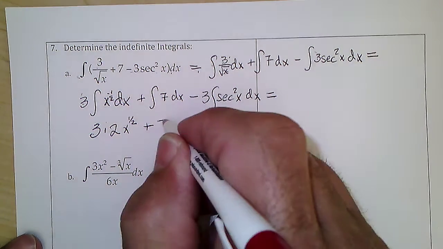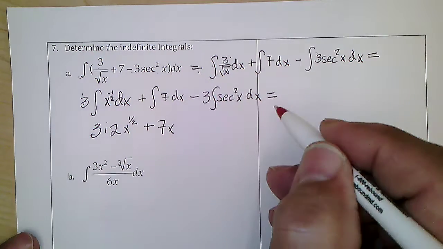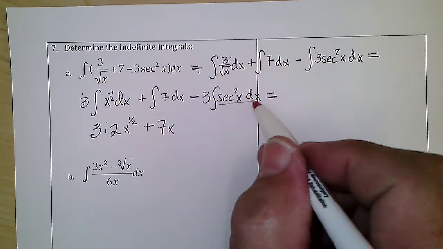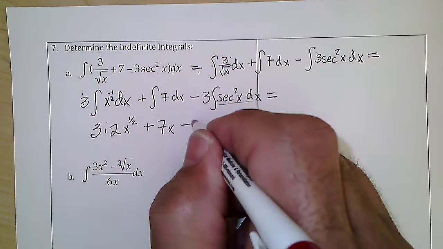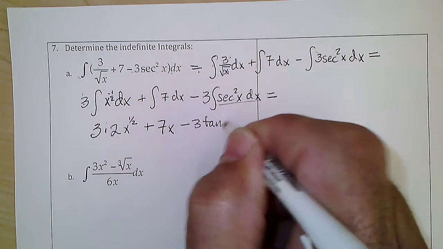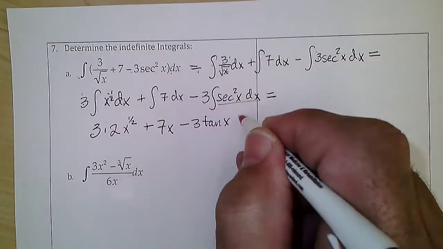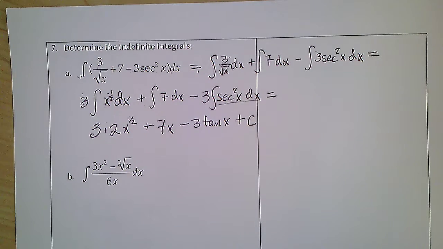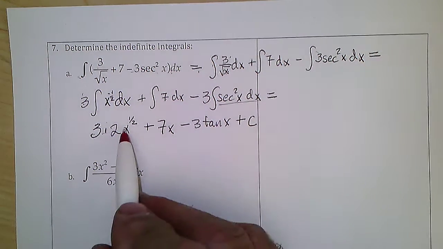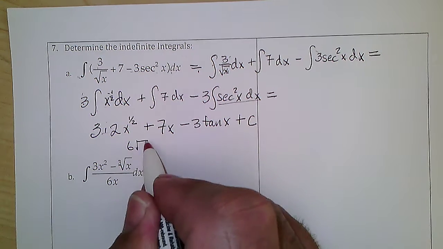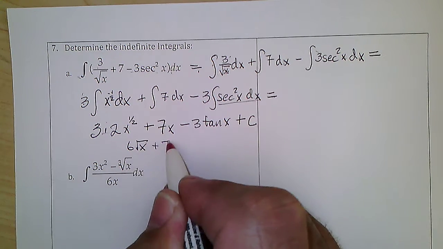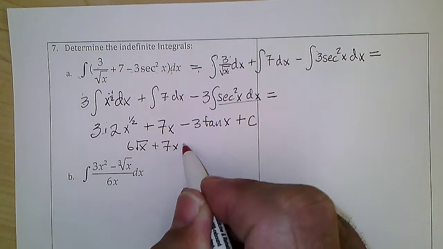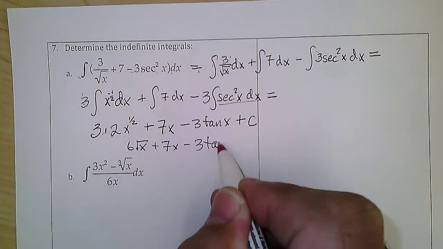Integrated, it's 7x. And the integral of secant squared is tangent. So this is 6 square root of x plus 7x minus 3 tangent x.